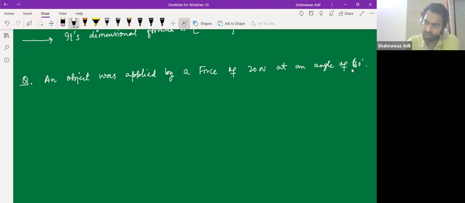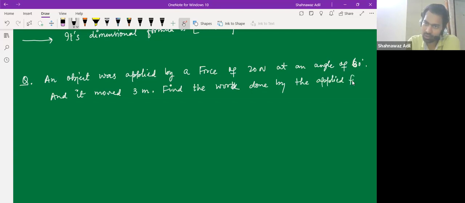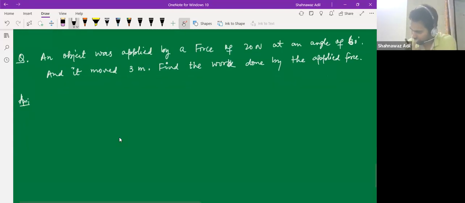So let me write it as 60. And it moved 3 meters. Find the work done by the applied force. Please, you guys calculate and tell me.